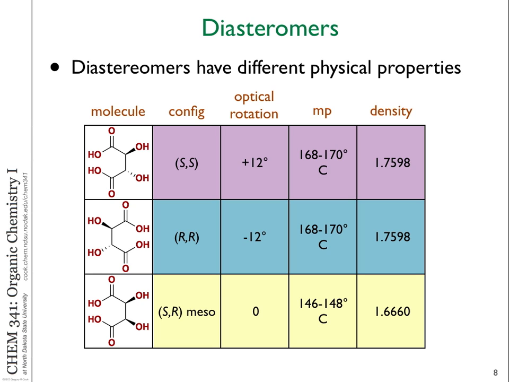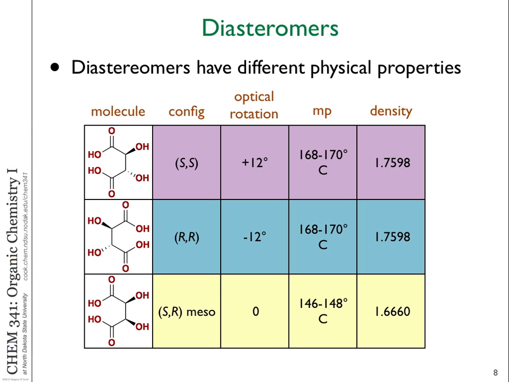Okay, diastereomers can have different physical properties that we can measure more easily. Melting points. Enantiomers will have identical melting points. The diastereomer could have a different melting point. In this case, it is lower for that one. Optical rotation. This one is 0 because it's not chiral, so it can't have any rotation.